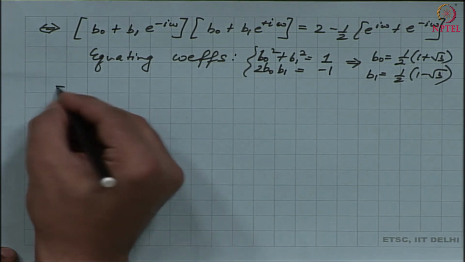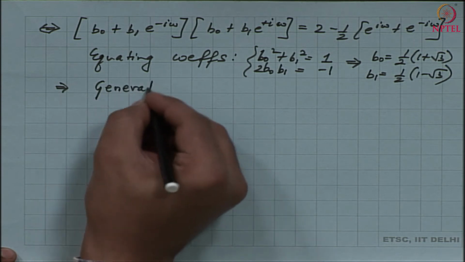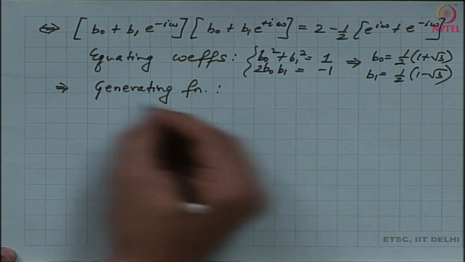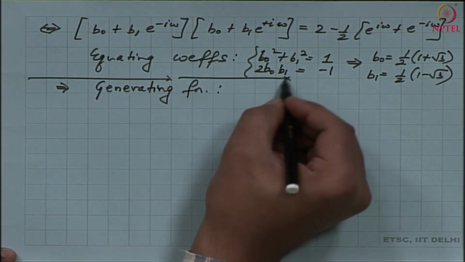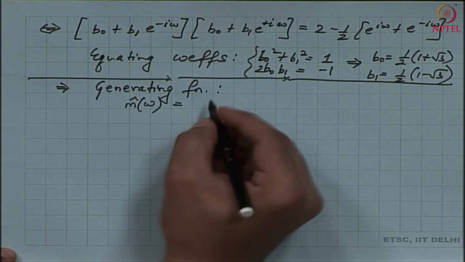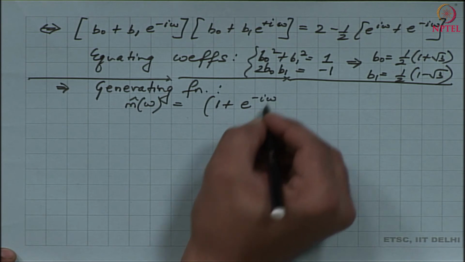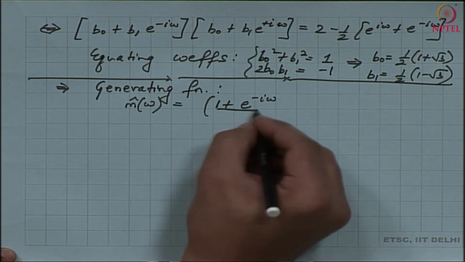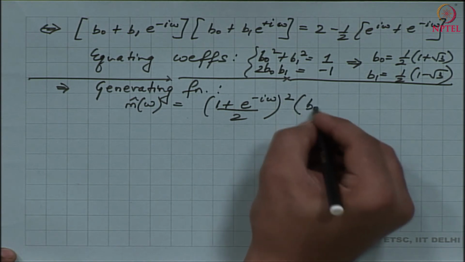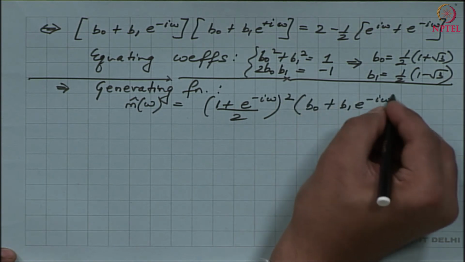Which means my generating function m hat of omega is as follows. This is a polynomial of order 2 in e to the power i omega divided by 2, whole square, times L hat of omega, which is B0 plus B1 e to the power negative i omega.